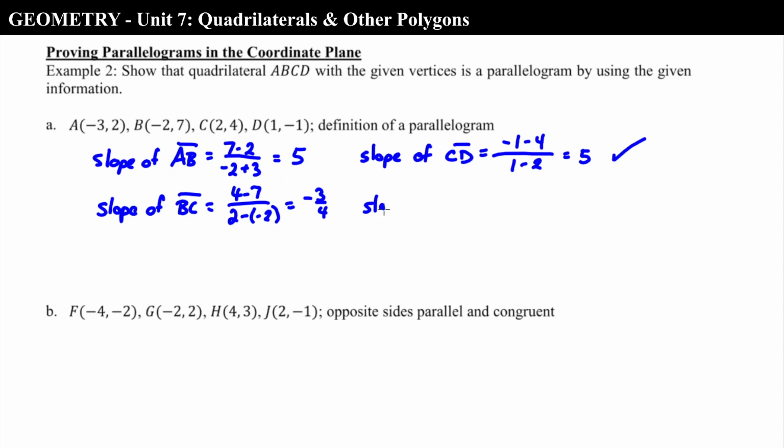So the slope of DA should be the same thing. So we got 2 minus negative 1, which is 2 plus 1, over negative 3 minus 1, and that's also going to be negative 3/4. So this one checks out. So since both pairs of opposite sides are parallel, ABCD is a parallelogram by definition.